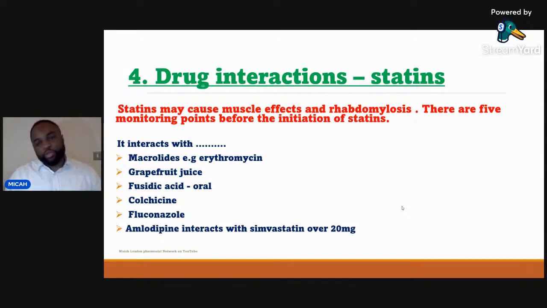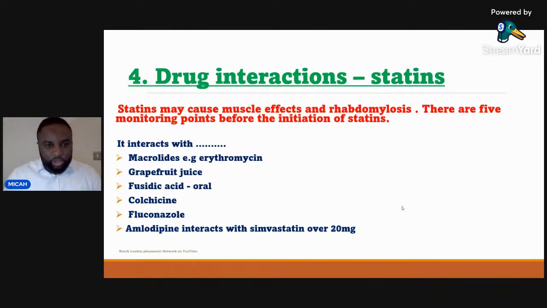Another one is grapefruit juice. Grapefruit juice needs to be avoided if a patient is taking statins. Another one is oral fusidic acid. This is not the topical version, not the cream. Oral fusidic acid is very potent.